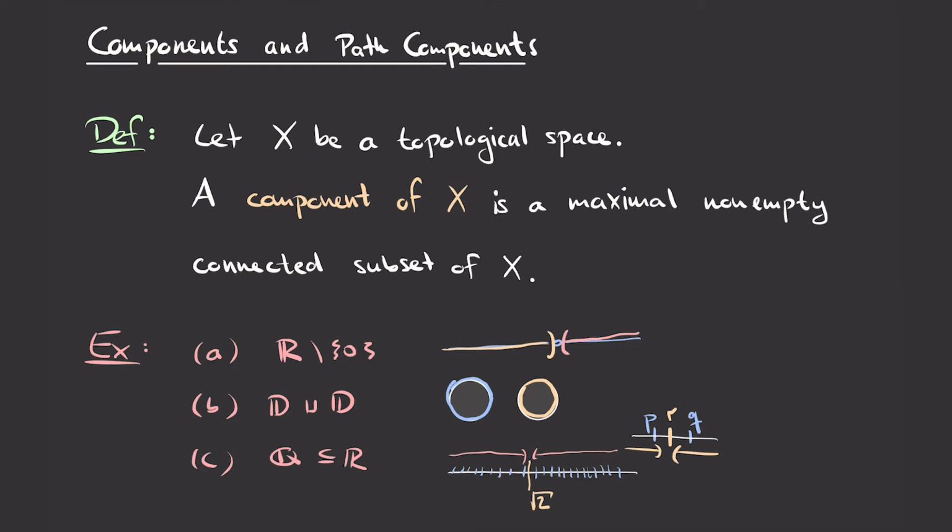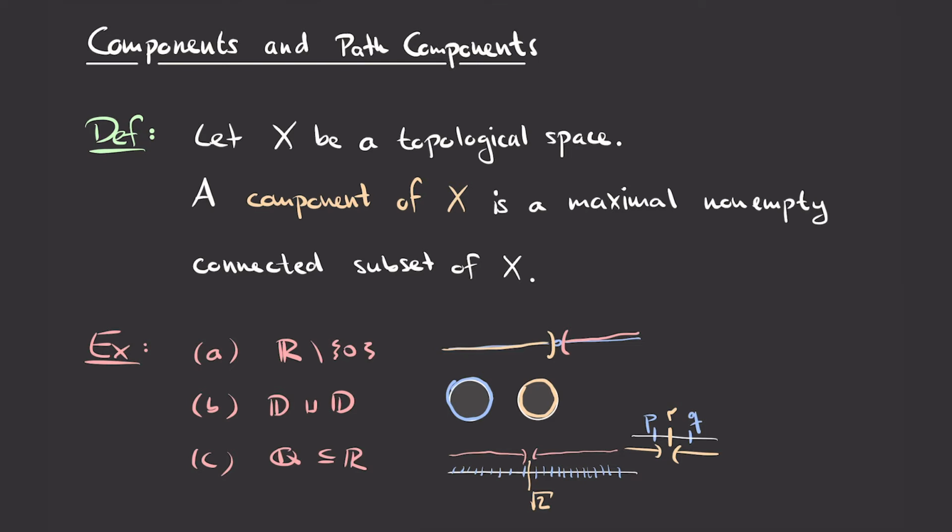And this is a contradiction. So what this argument shows is that no two rational numbers can lie in the same connected subset in this space. And this immediately implies that maximal non-empty connected subsets can't have more than one point in them.